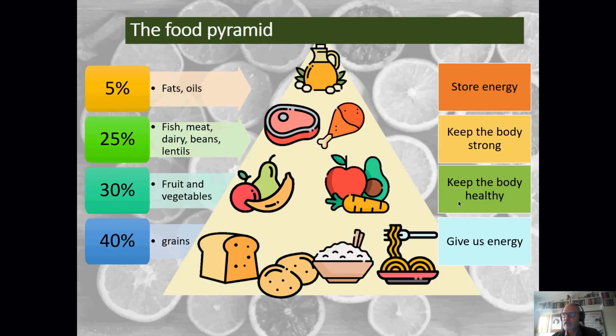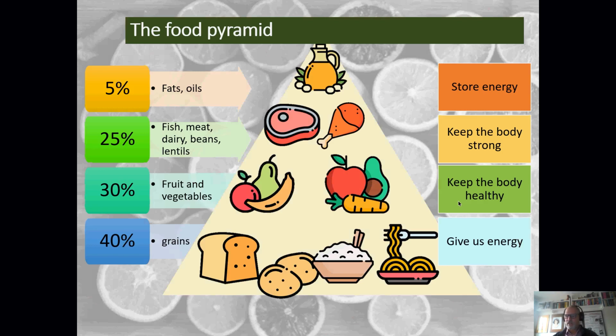Okay, so food pyramid. This is a typical description of the food pyramid. We have fats and oils at the top. Most people, I think, don't spend their lives drinking oil. You may have more oil available, less oil available, according to where you live.